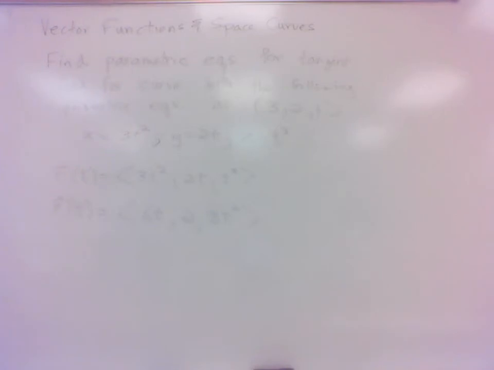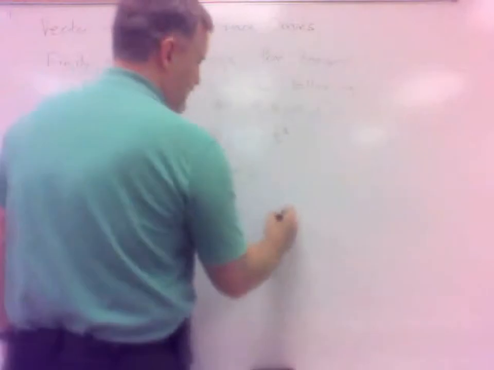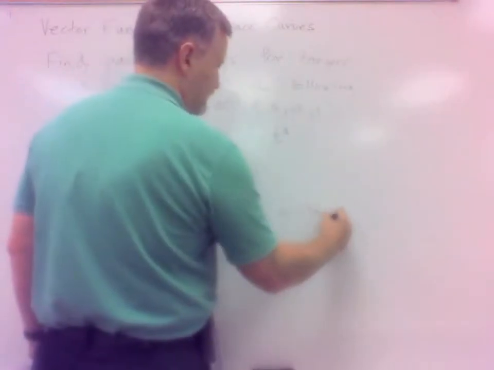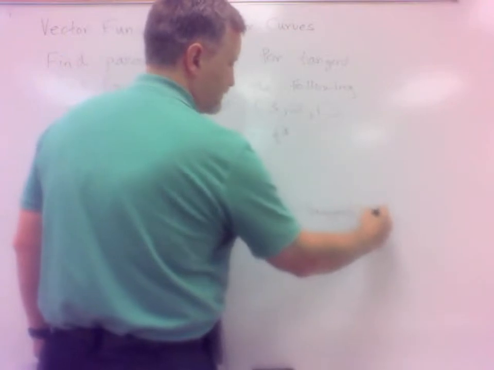And so the derivative gives us the tangent vectors at these values. So this is the tangent vector for each individual t-value.